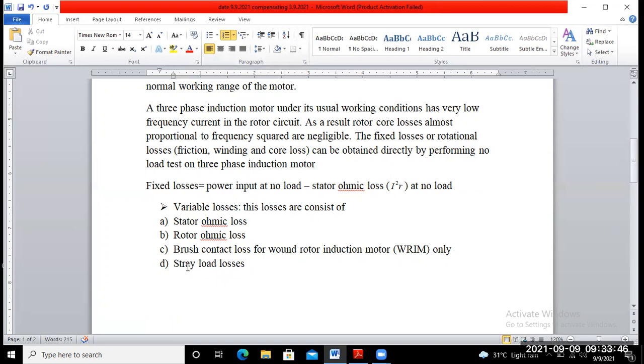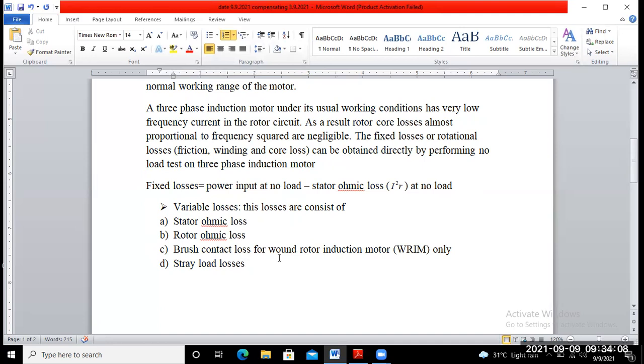In a wound rotor induction motor, if brush contact loss is given or mentioned in the problem, then you may consider about, I think, maximum 1% to 2% of the total power rating of the three-phase induction motor.